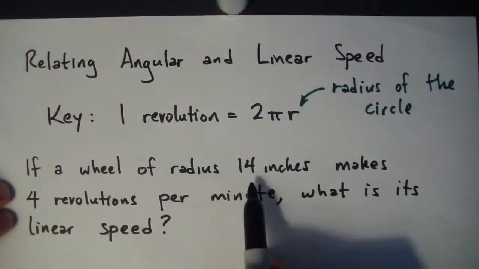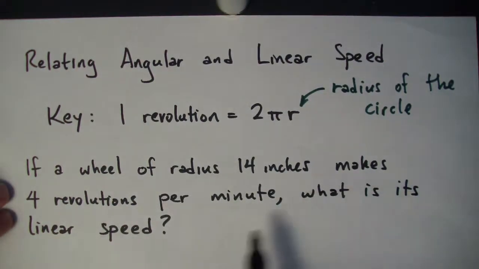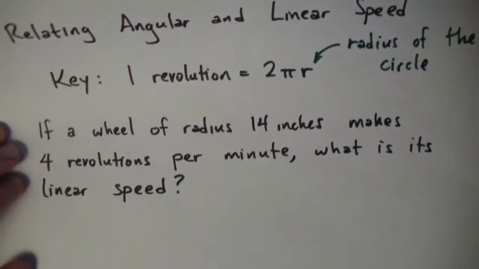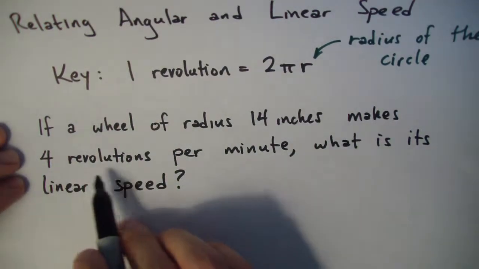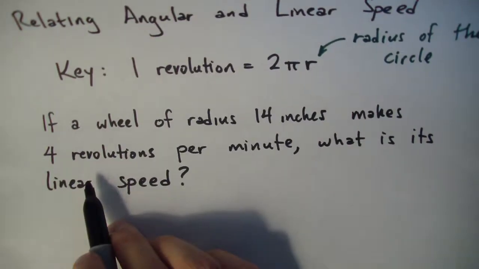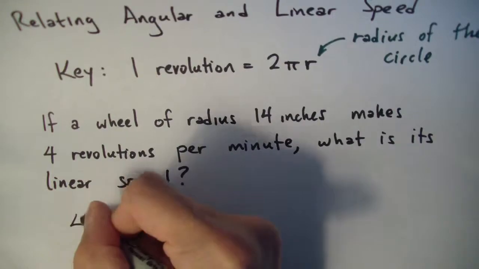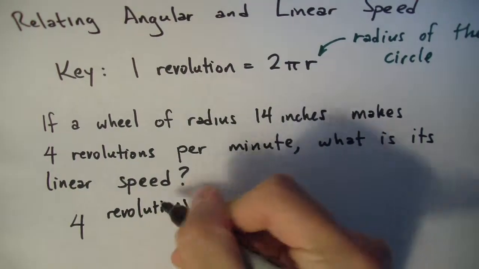If a wheel of radius 14 inches makes 4 revolutions per minute, what is its linear speed? So in other words, again, we have a wheel that's rolling down the street at 4 revolutions per minute. How fast is it rolling down the street? So all we need to do is take 4 revolutions per minute.